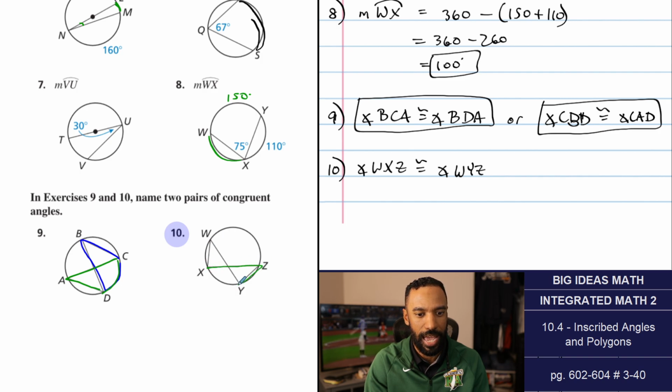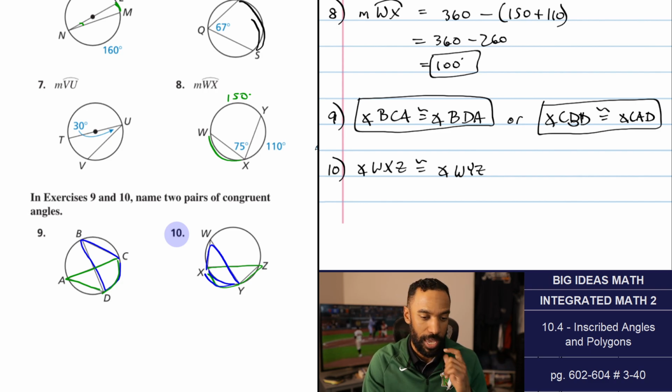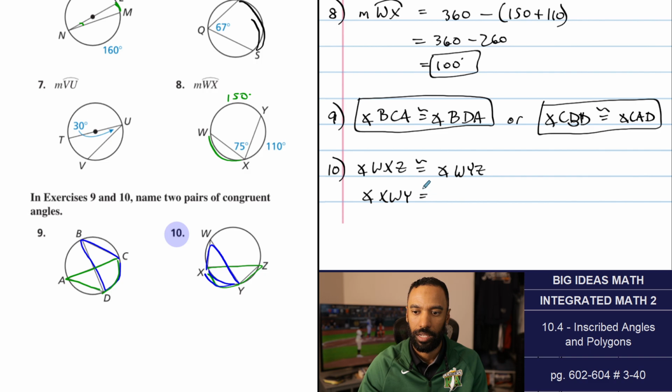This guy has this intercepted arc of XY, and this guy also has this intercepted arc of XY. As long as X and Y are the endpoints of the chords that make the intercepted arc, then just find the inscribed angle that goes there. So angle XWY congruent to angle XZY. Or that one. So one or the other.